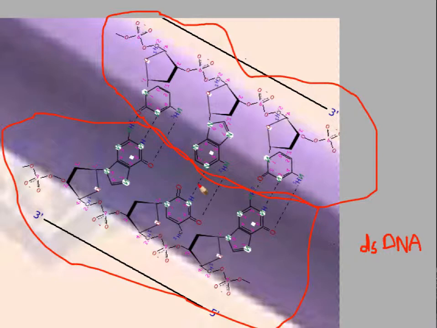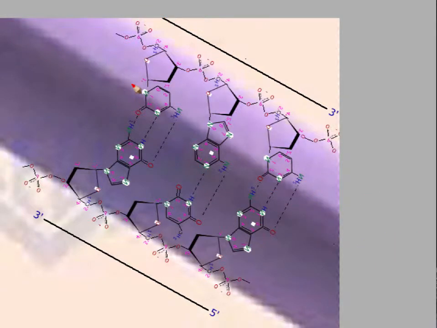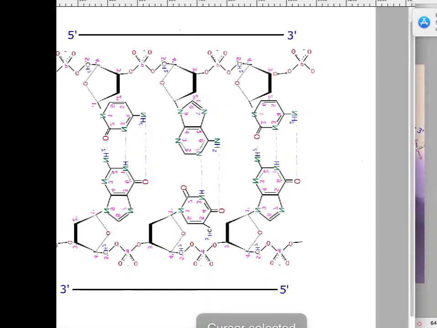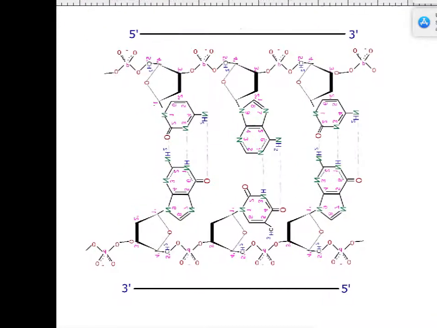Now let's get rid of this distracting background and look a little bit closer. I'm just going to shift the molecule, put it flat onto a page, which we will definitely recognize has a lot of inadequacies to try to look at DNA in that way. But what it does allow us to do is recognize the anti-parallel nature of DNA.